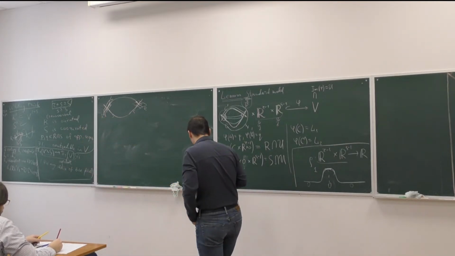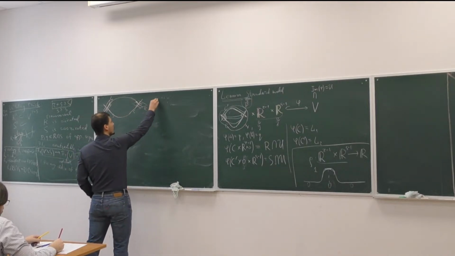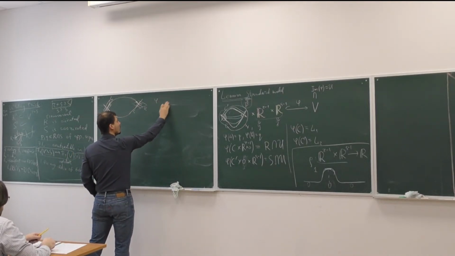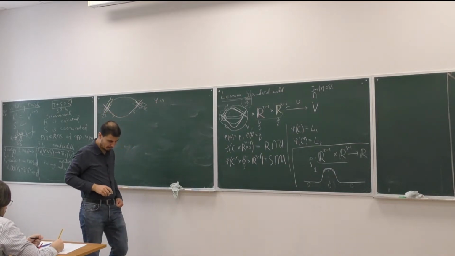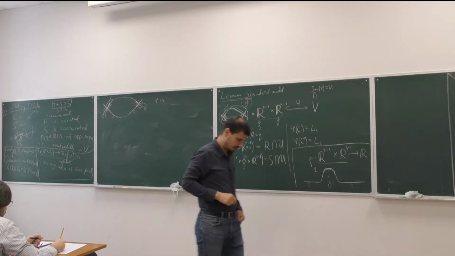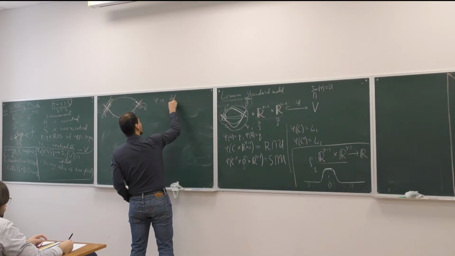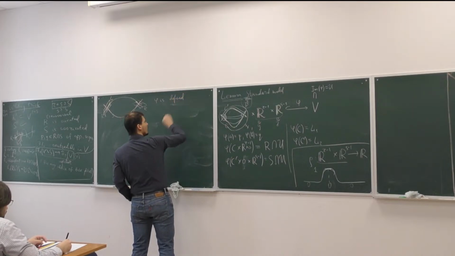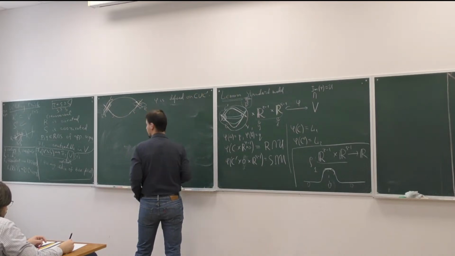Well, so we may assume that phi is defined on C union C prime.